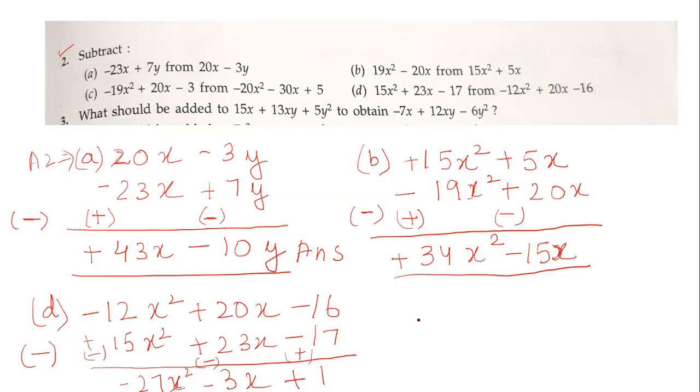So your answer comes out to be minus 27x square minus 3x plus 1 is your final answer for this question. I hope you have understood, students. This is your next question.